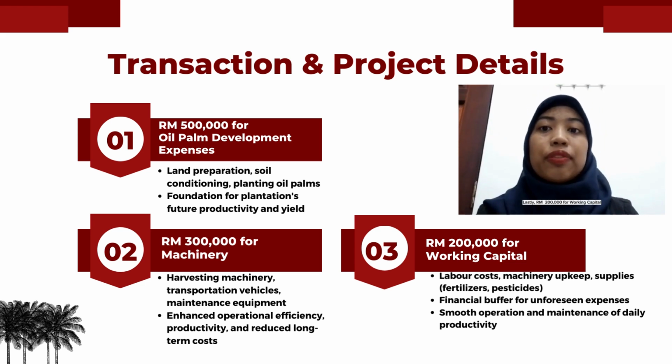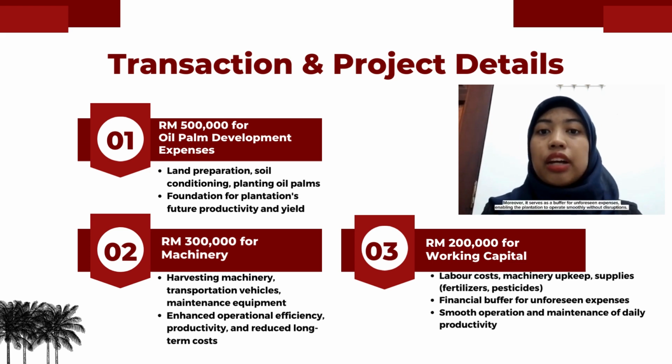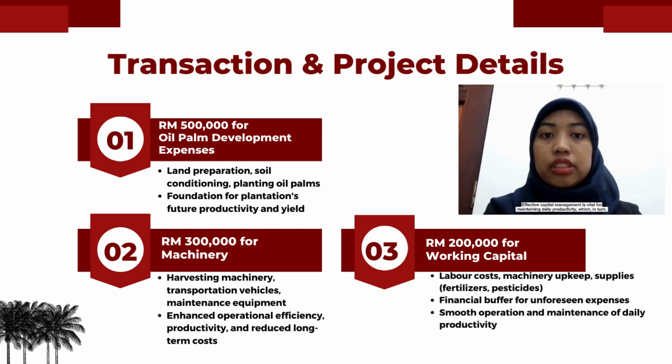Lastly, 200,000 ringgit for working capital. This fund covers labor costs, ensuring the plantation has skilled workers for harvesting and maintenance. It also covers machinery upkeep and the purchase of necessary supplies like fertilizer and pesticides. Moreover, it serves as a buffer for unforeseen expenses, enabling the plantation to operate smoothly without disruptions.